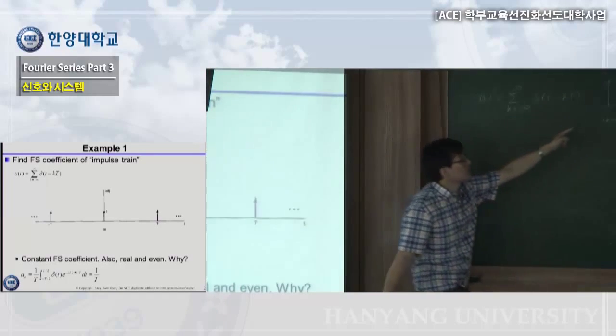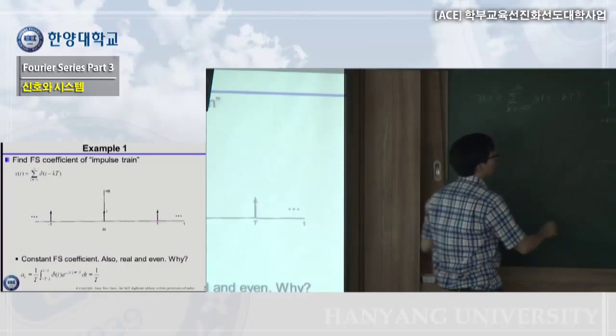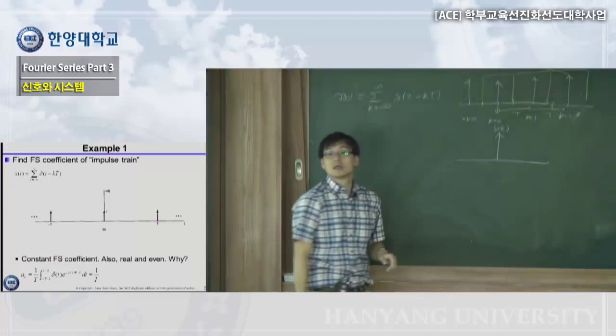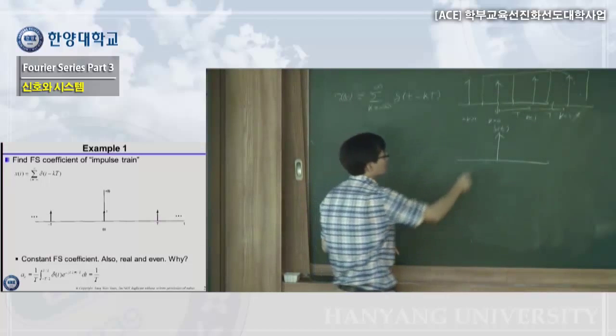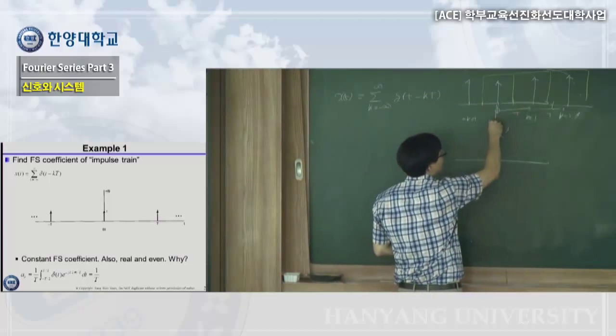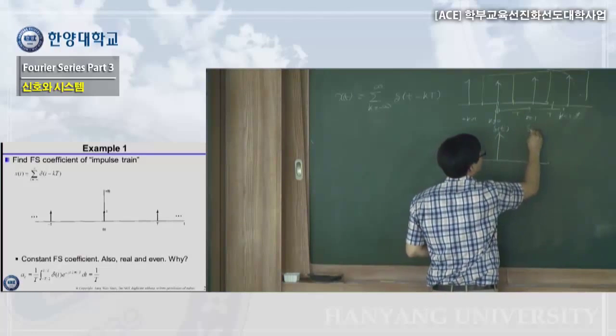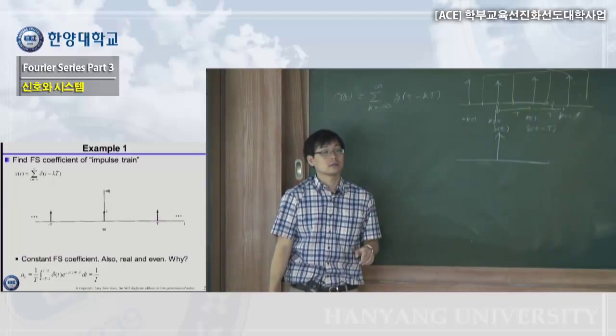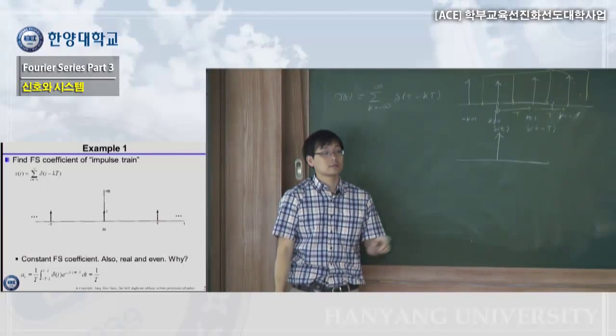So to represent this, we want to have, this is what? Delta t, right? The first one is delta t. The second one is what? Delta t minus T. Is everyone following?